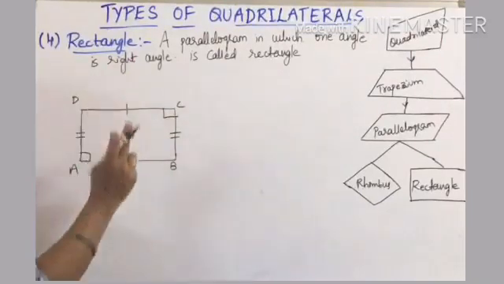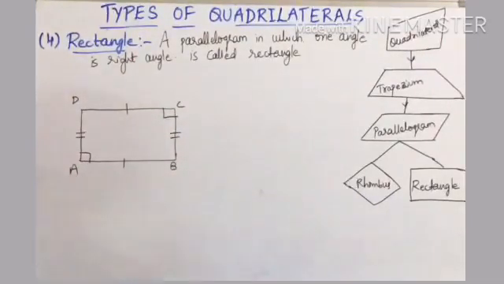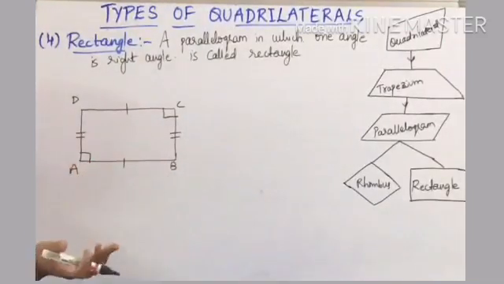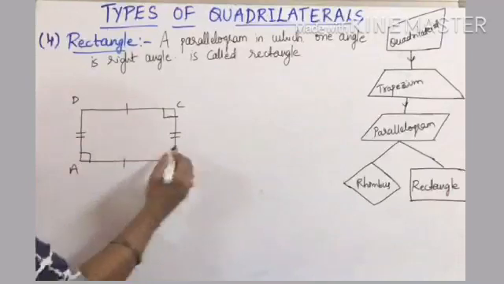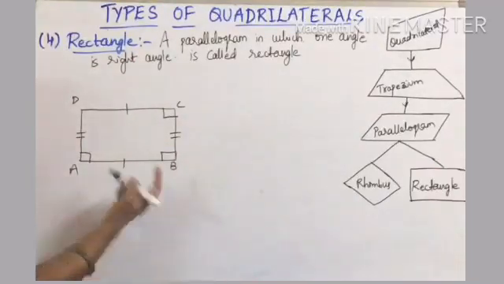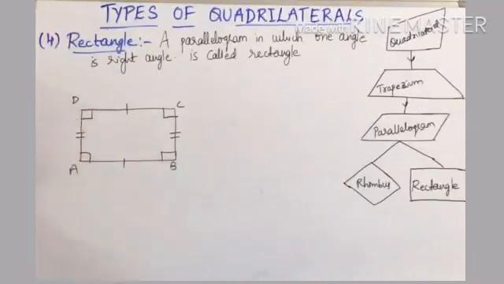And in parallelogram sum of the two adjacent angles equal to 180. Similarly here also A plus B is 180. If angle A is 90, then what about B? It will also be 90. If B is 90, what about D? It will also be 90. Is that clear, children? So in rectangle, what did you observe now? All the angles of a rectangle are 90 degrees. Is that clear? Now coming to properties.